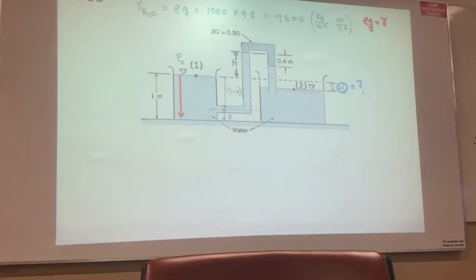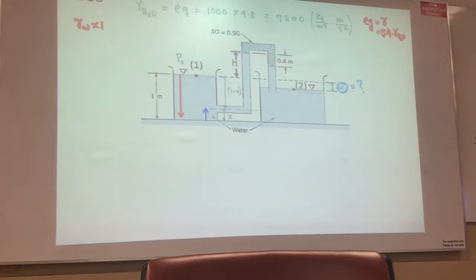Then I can write this one becomes specific gravity times gamma of water. Same thing, no problem. Okay. So from here to here, the red, what is the value of the red one? Gamma of water, right? Gamma of water times 1, right? Specific gravity 1 times 1.